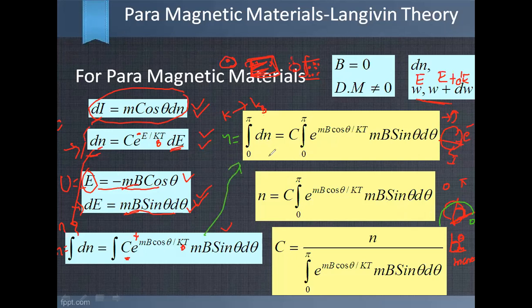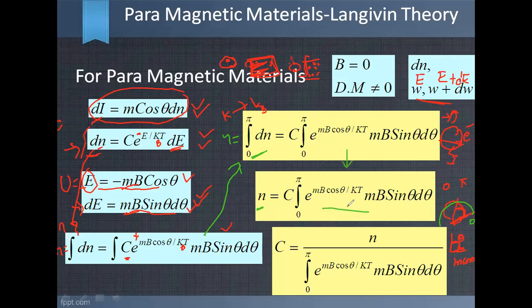This step and this step are 100% the same, except I am using 0 to pi here. These are the limits of that integration. Now when I do the integration of this, I'm going to get the n value. I'm again keeping c as it is. I did not change anything from here to here.